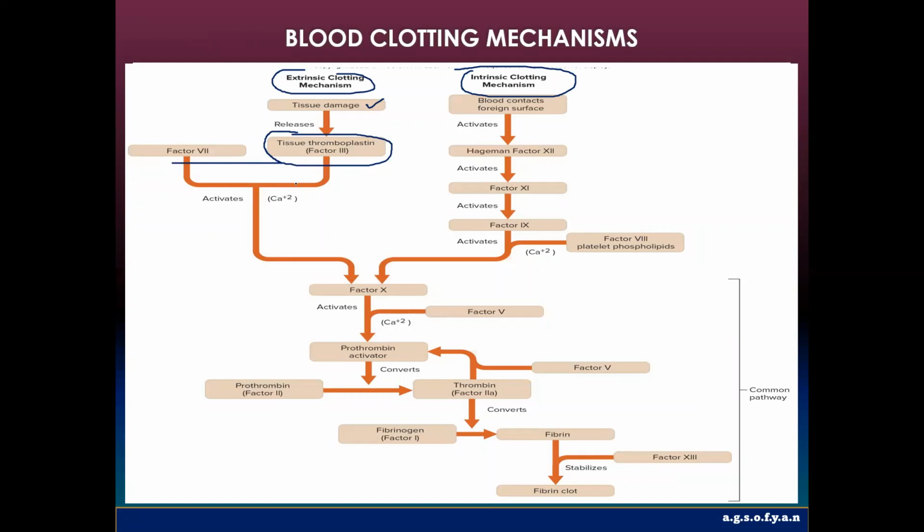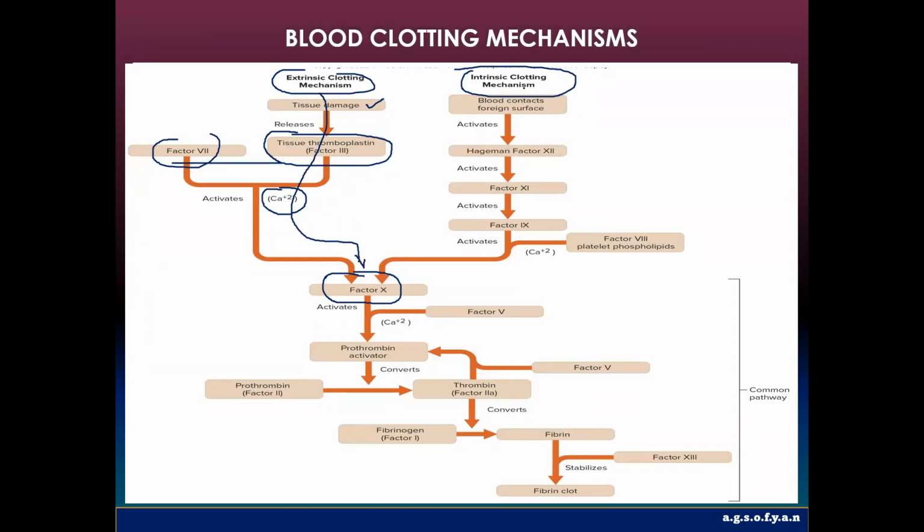And this factor number 3 with factor number 7 then activates the process. To activate the process, we need the calcium. So this is the function of calcium over here. It will activate this factor to create factor number 10. So this is one sequence over here.